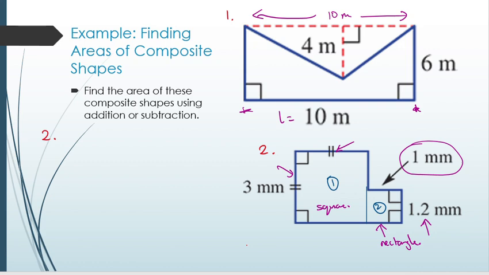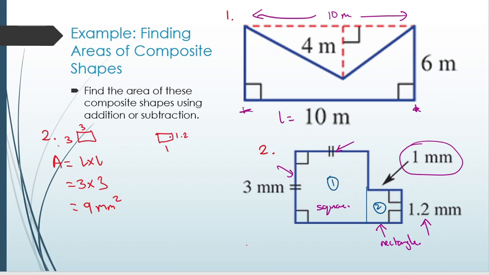Now that I've broken this diagram up, I can find the area of shape 1, which is a square, and shape 2, which is a rectangle. So I can draw a diagram here, labeling it as 3 by 3, and find the area of shape 1, which equals 9 millimeters squared. Now I'm going to draw another shape and say that's 1.2, that's 1.